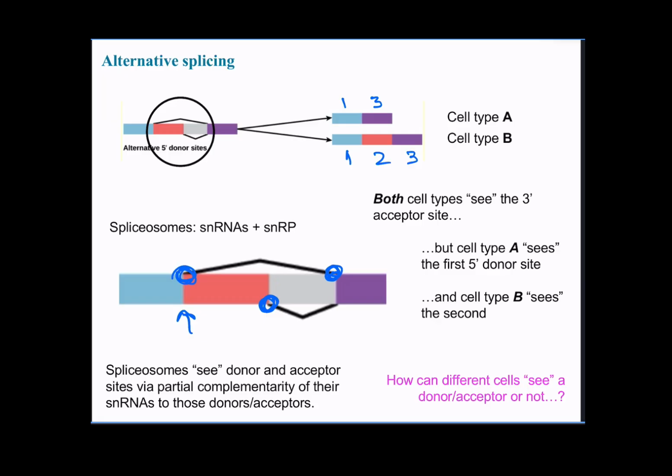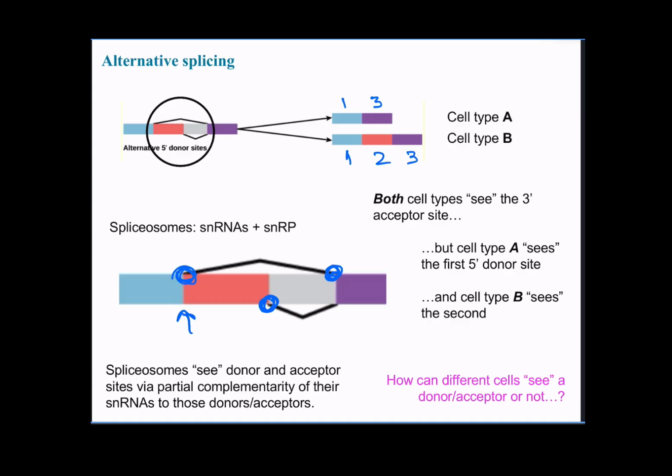So at the end of the day, whether a spliceosome sees a given donor site or an acceptor site is whether or not they can read, quote unquote, these sequences in the pre-mRNA molecule.